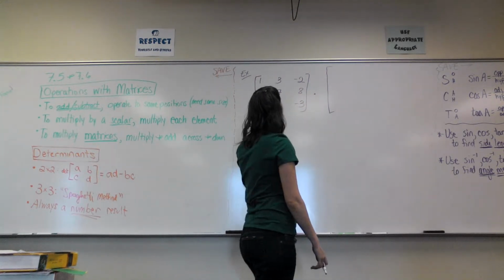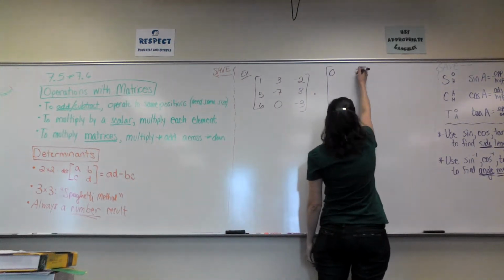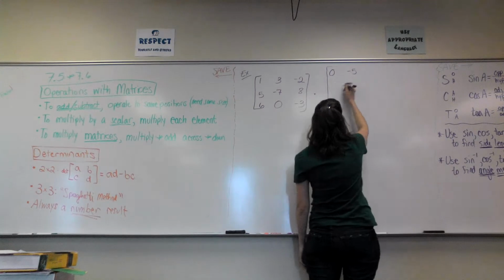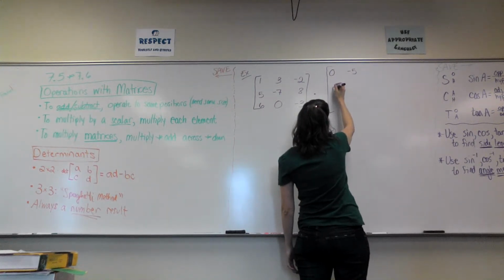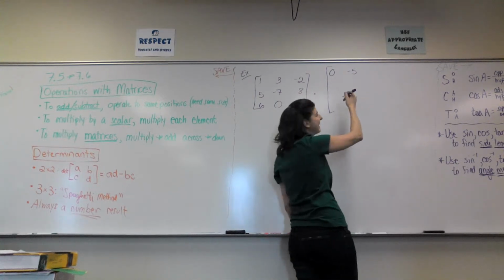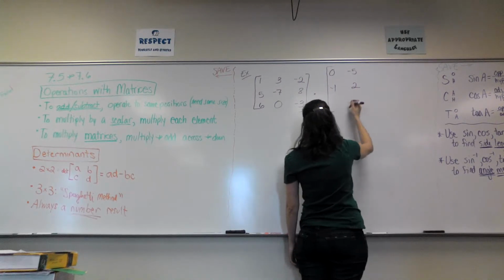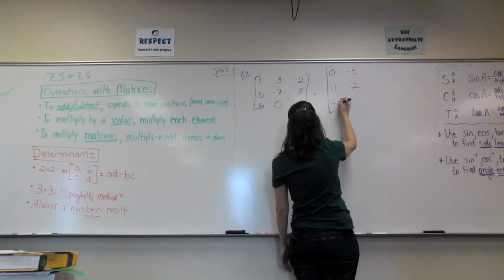Okay, so let's try this. 0, negative 5. There's still 1 column. Yeah, we could do 1. We'll get a little more practice on that. So, negative 1, 2. That's right.